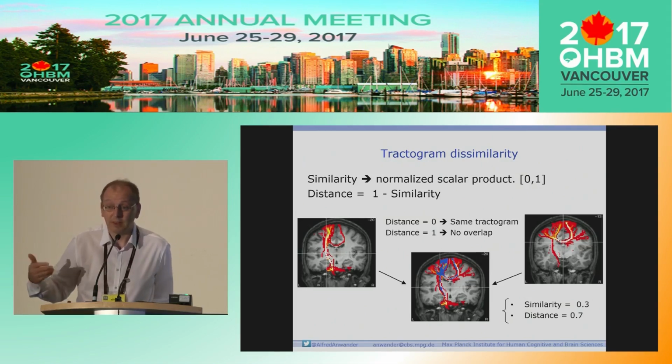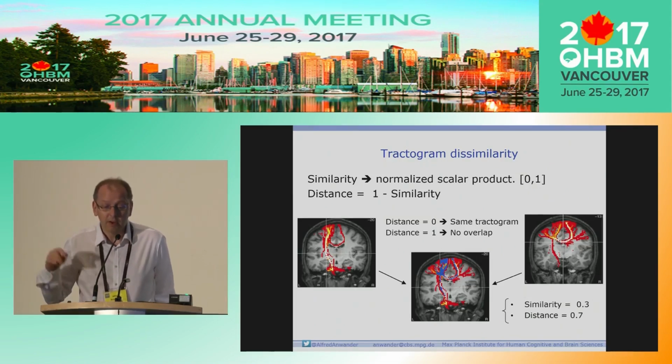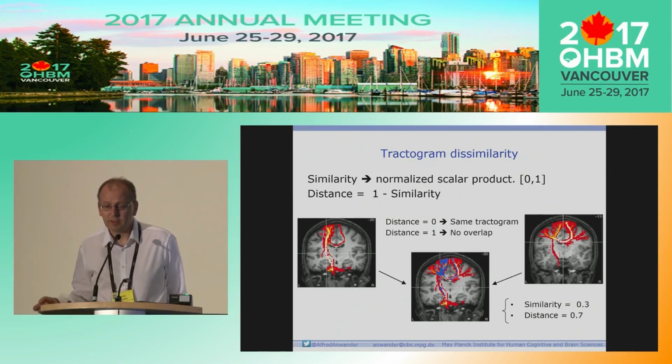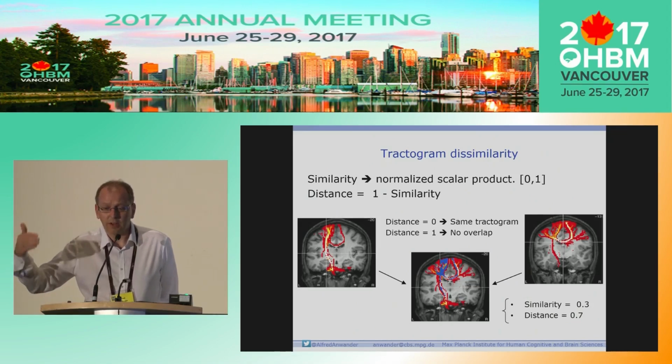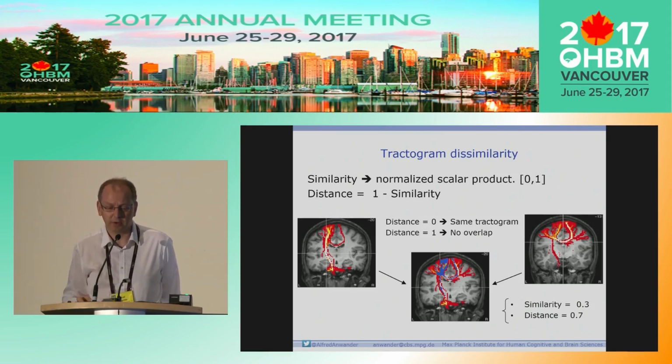This is something that has to be kept in mind. Also, if we use tractography and streamline counts as the measure of connectivity, and take only the endpoints, we are very sensitive to the noisiest part of the tractogram.